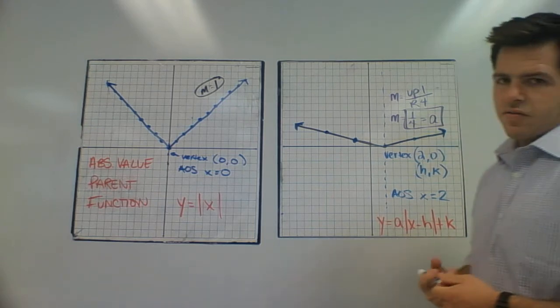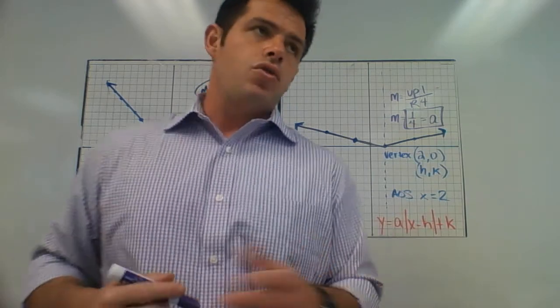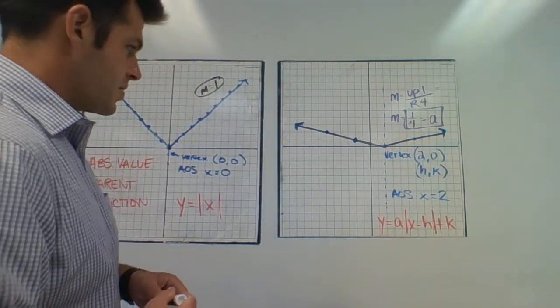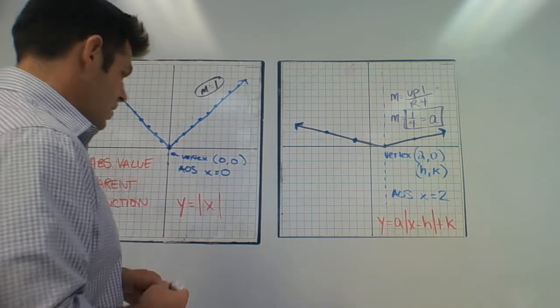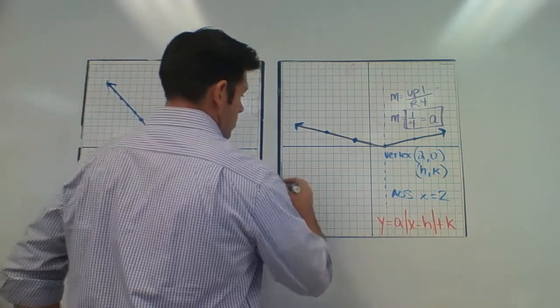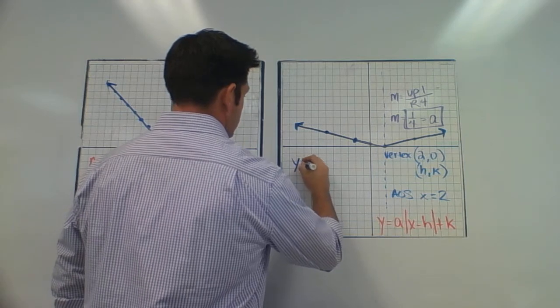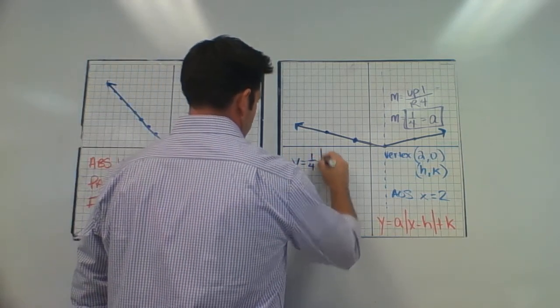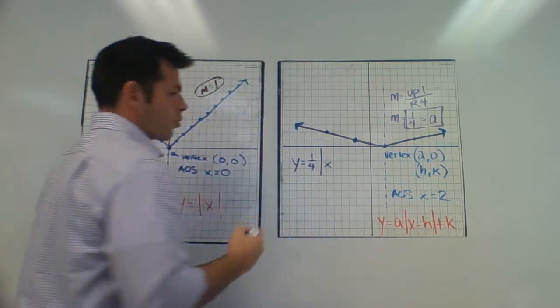So I can take that information and plug it in to our function that's very common right here. y is equal to a times the absolute value of x minus h plus k. We'll replace the a. The a is now 1/4. We'll replace the h.